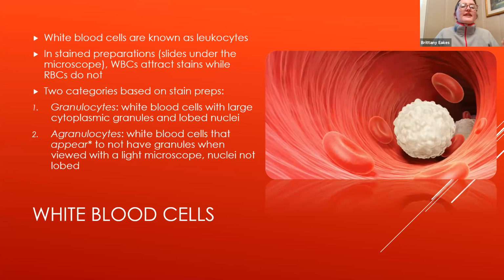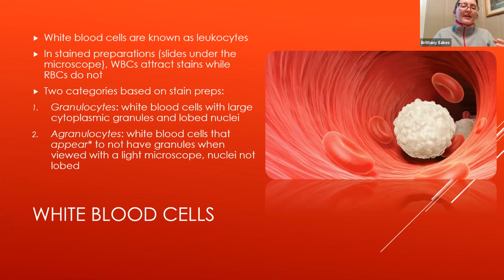The way that scientists study blood cells is that they have a microscope and slides, and they have to stain the slides in order to see these cells. So this is not going to be on a test. There are 2 categories based on this staining prep in order to observe blood cells.